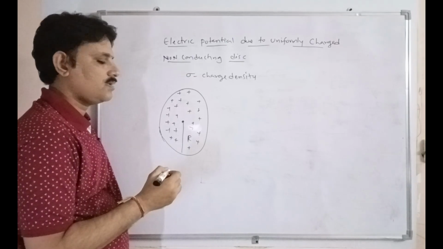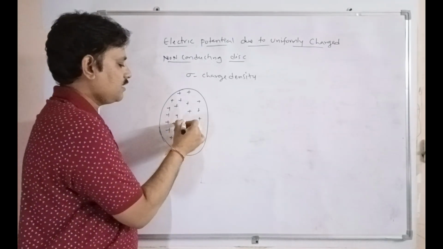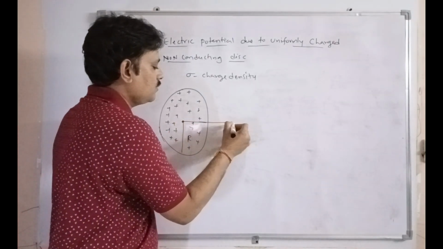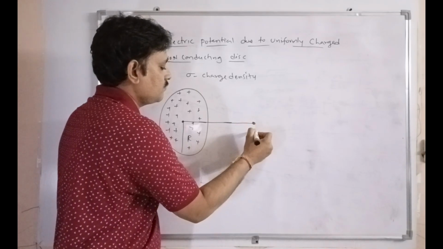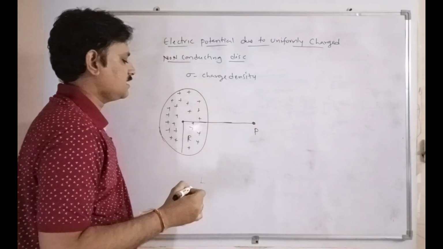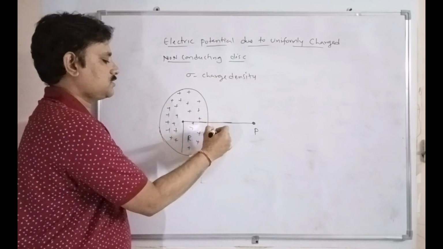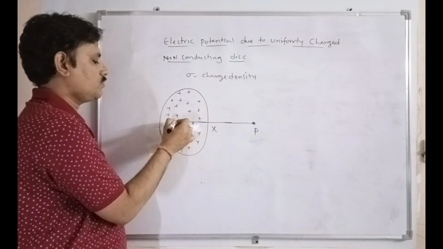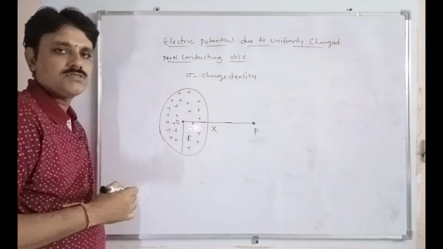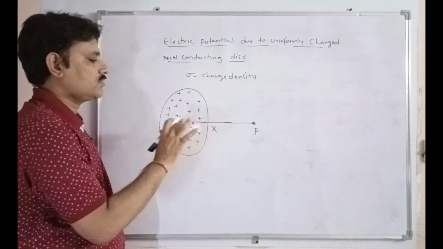So here our aim is to calculate the electric potential due to a uniformly charged disk at a point on the axial line at a distance x from the center O. So that is our aim.